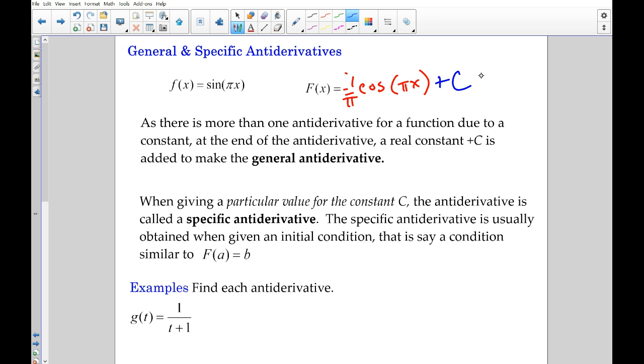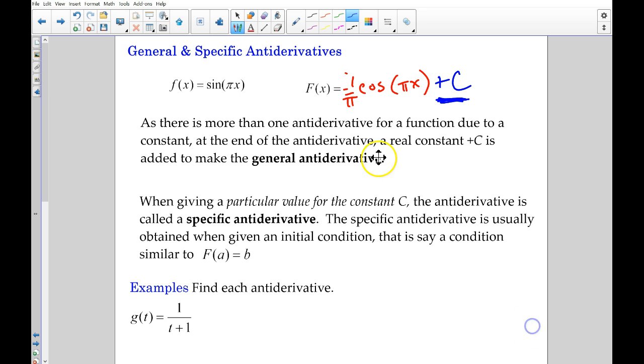But remember that when we differentiate, if I take the derivative of -1/pi cosine pi x, that's going to give me sine pi x. But there may be a constant there, I don't know, because when I differentiate, a constant disappears. So when I anti-differentiate, I always need to make sure to include a constant.